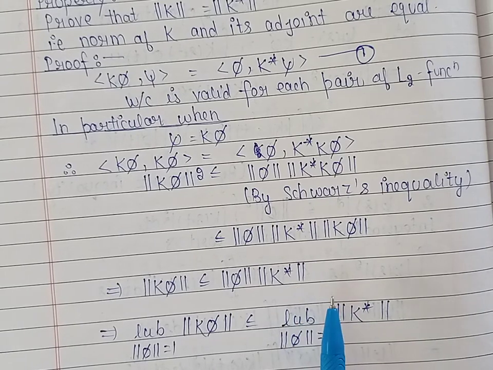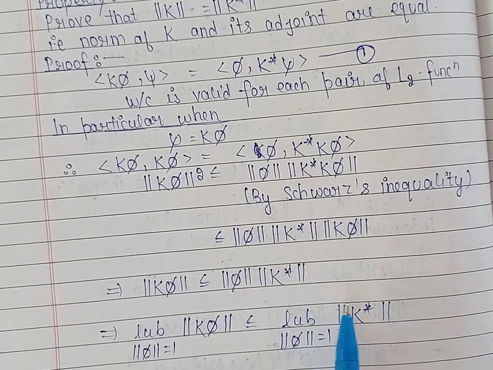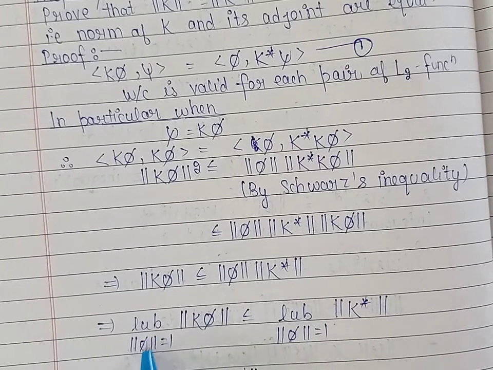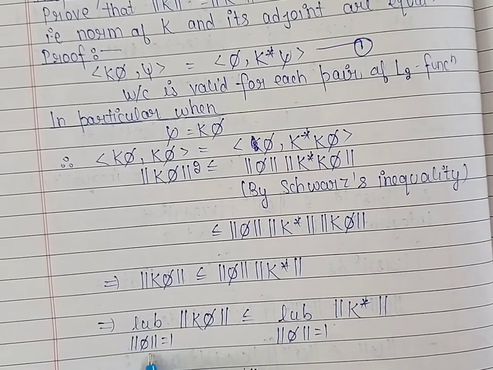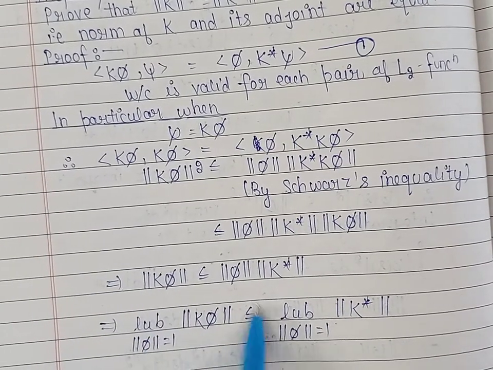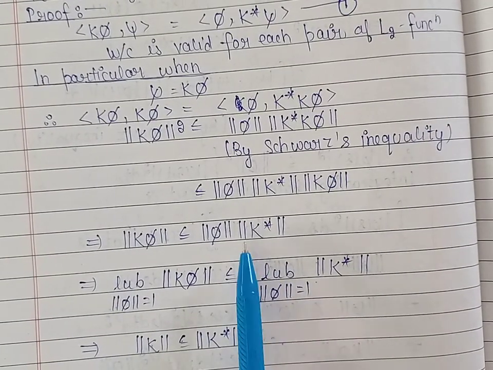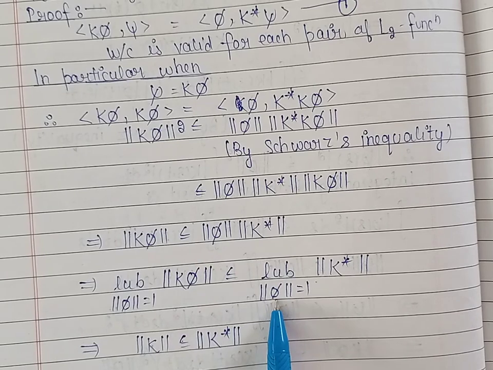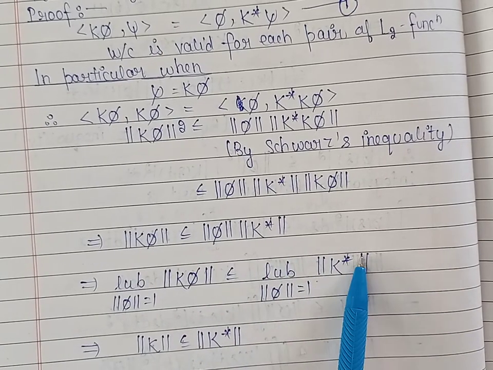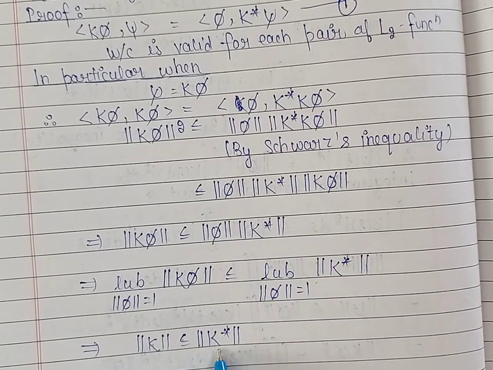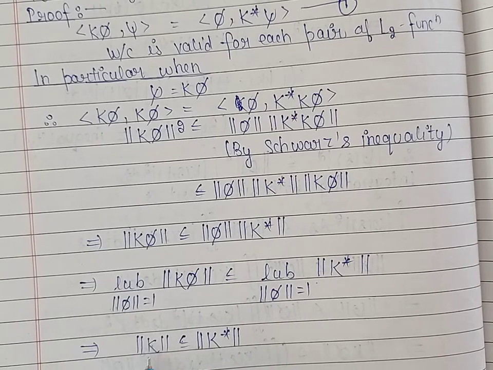Now taking supremum over all phi of norm 1, on the left side this will become the norm of K. On the right side, taking the supremum over all phi of norm 1, this will become the norm of K star. So we have proved the norm of K is less than or equal to the norm of K star.